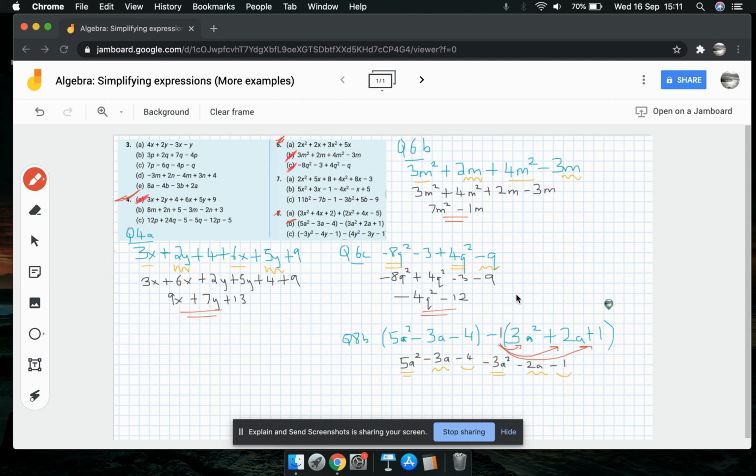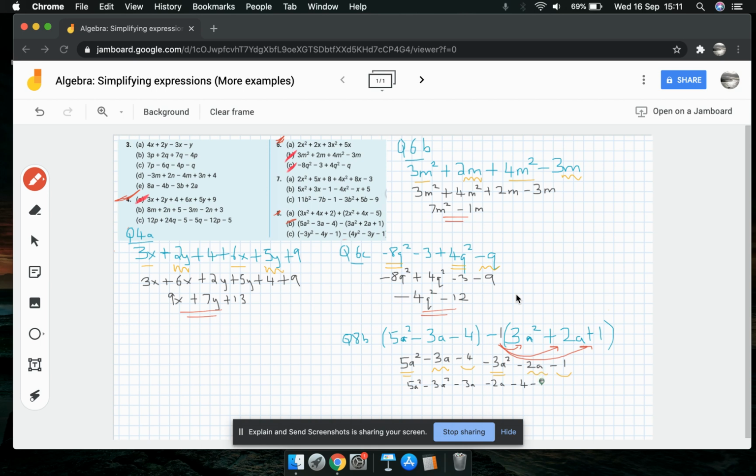Now remember your next step is to look at this and ask, can I rearrange? So we have 5a squared minus 3a squared minus 3a minus 2a minus 4 and minus 1.